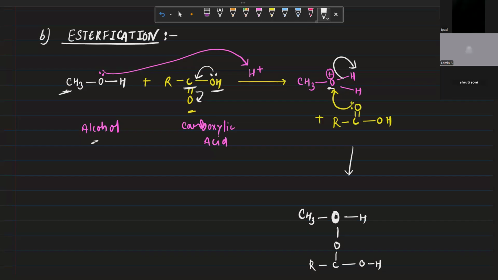Is the structure right or not? There's one lone pair on the first oxygen.